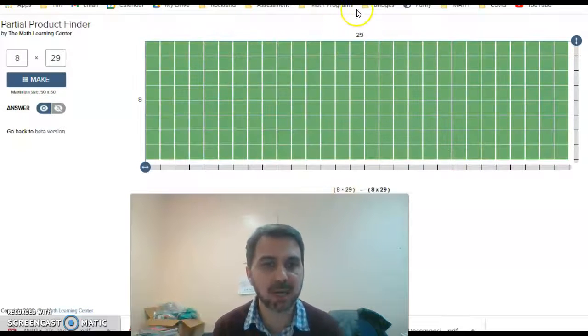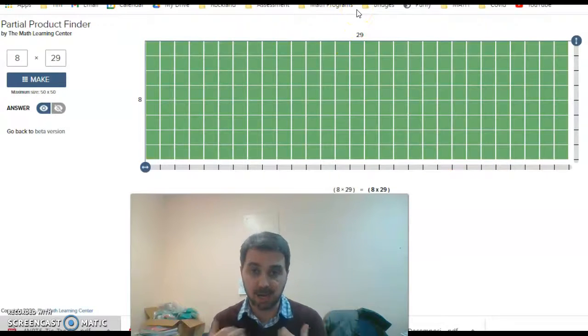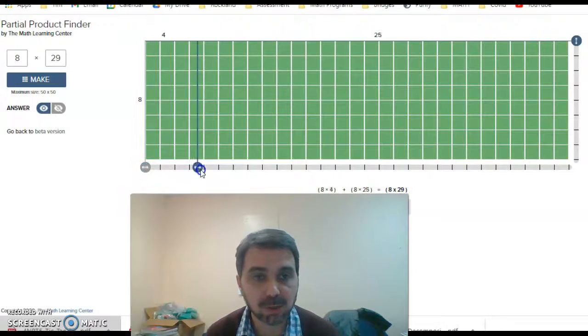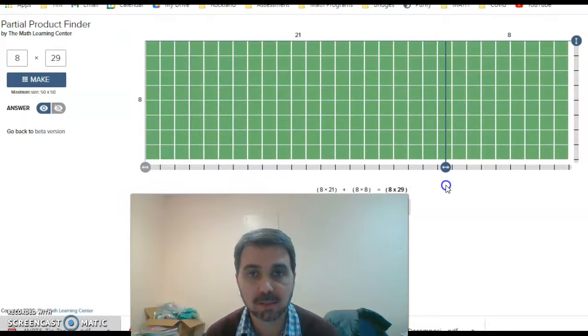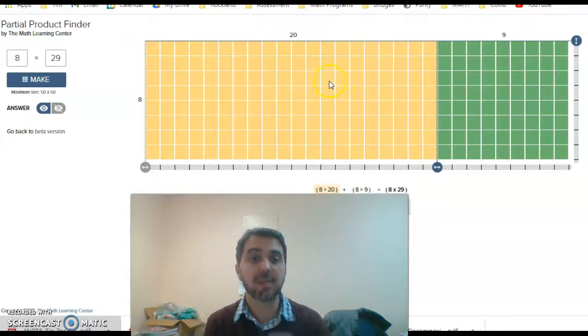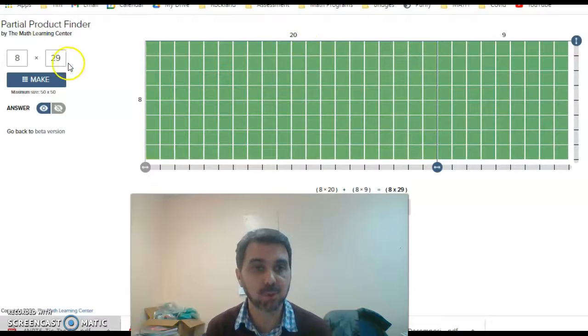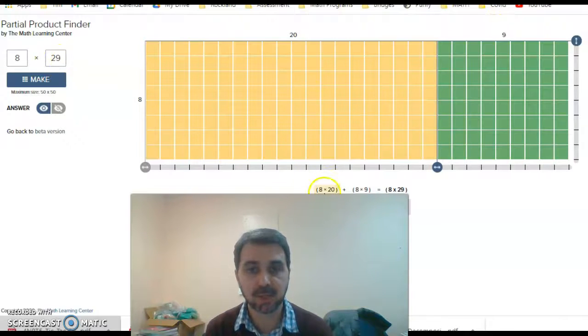So we have 8 times 29, just like on our paper, right? On my paper. So I'm going to slide this all the way over to where it says 20. You see up here it says 20 and this says 9. Because that's expanded notation. 20 is the value of the 2 in the tens place, and 9 is in the ones place. Okay, so here you can see this is 8 times 20.